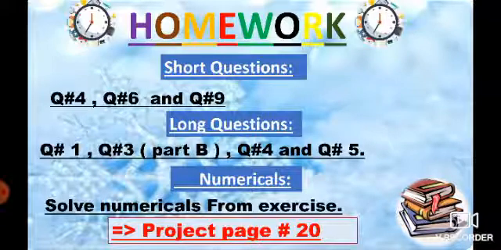And solve the numericals from the exercise. There is also one project, which is given on page number 20. But this project is present in short form in your Unique book on the last page before the exercise starts. And all these questions are related to the topics which we have discussed.